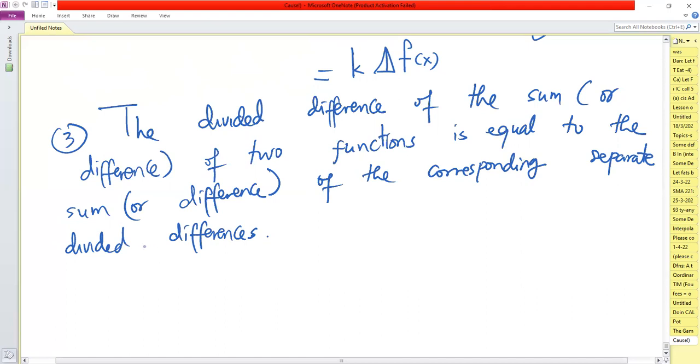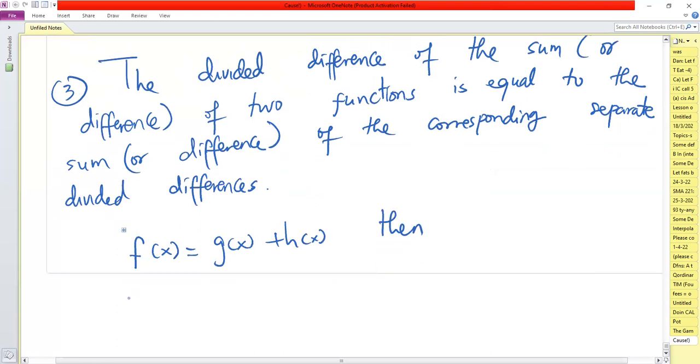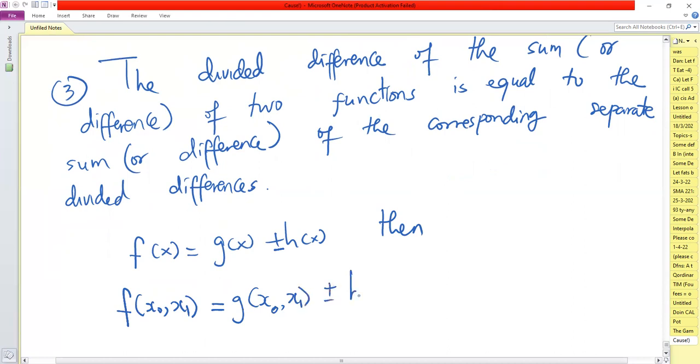So this is to mean that if we have a function f of x given by g of x plus h of x, then if we define the first divided difference of the function at x0 and x1, it is the same as defining g[x0, x1] plus or minus h[x0, x1].